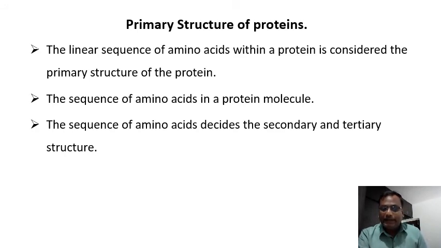Who is responsible for the arrangement of first isoleucine, second histidine, third proline, fourth isoleucine, like this? It is the DNA. It is the gene. The information for this linear arrangement of amino acids is situated in the gene. During protein synthesis, that sequence is produced. The information in the gene is nothing but the information of the amino acid sequences, nothing else.